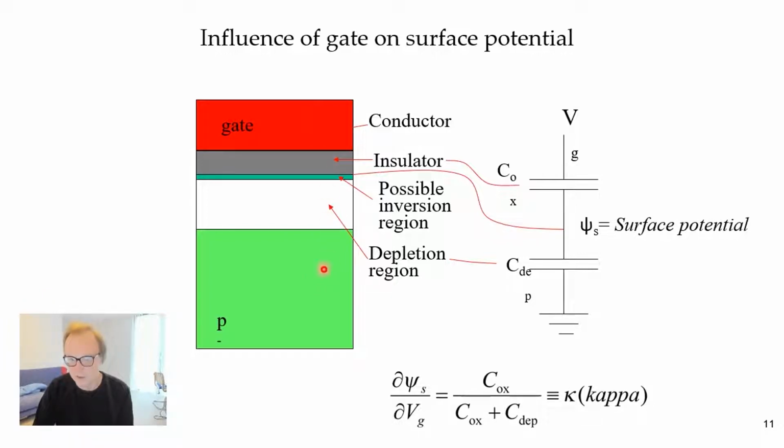And these form a capacitive divider where you have Vg here, and then there's a C ox for the oxide capacitance, and then there's a C dep for this extended depletion capacitor, and then dpsi/dVg, which tells you how the surface potential changes when you change the gate voltage. It's given by C ox over C ox plus C dep, which is defined as kappa, a Greek kappa written like this.